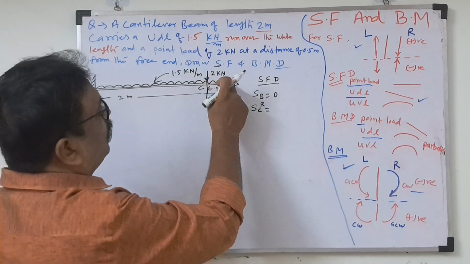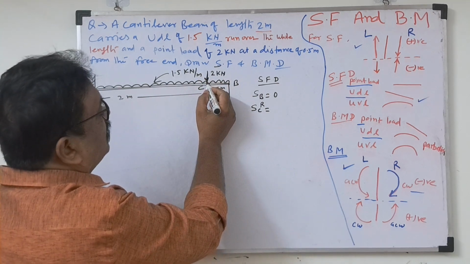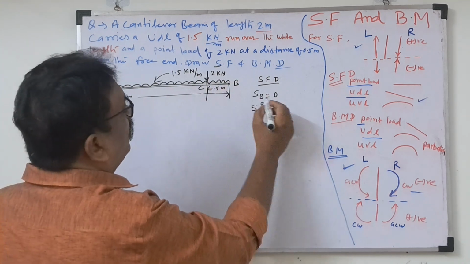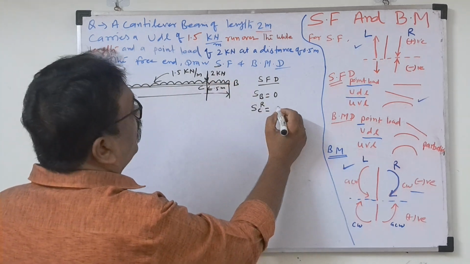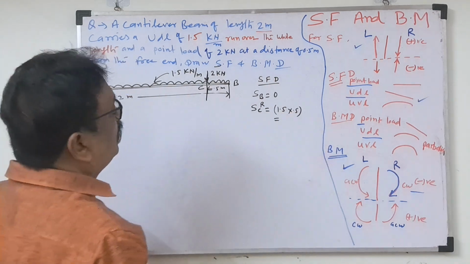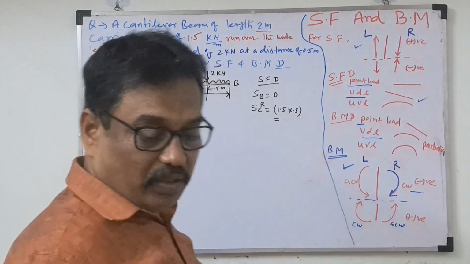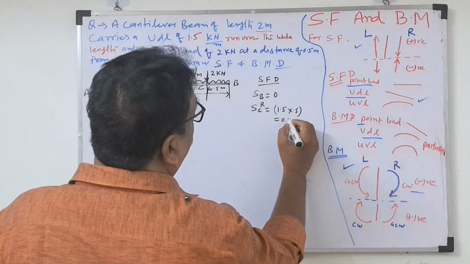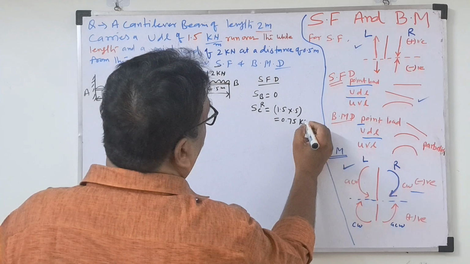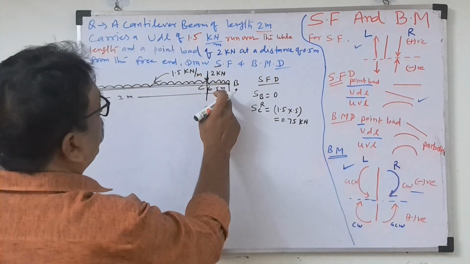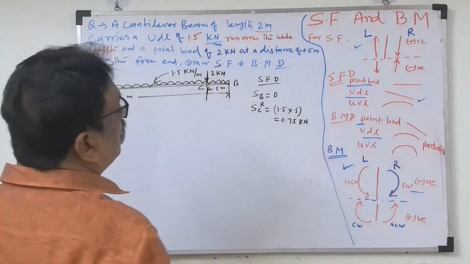R means just the right side of point C. So what is the UDL here? 1.5 into 0.5, how much is it? The answer is 0.75 kilonewton, because the load is 1.5 kilonewton per meter over 0.5 meter. This is SCR.